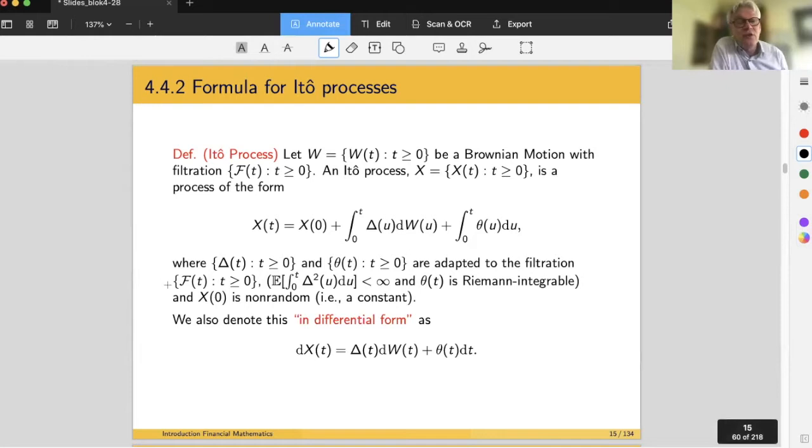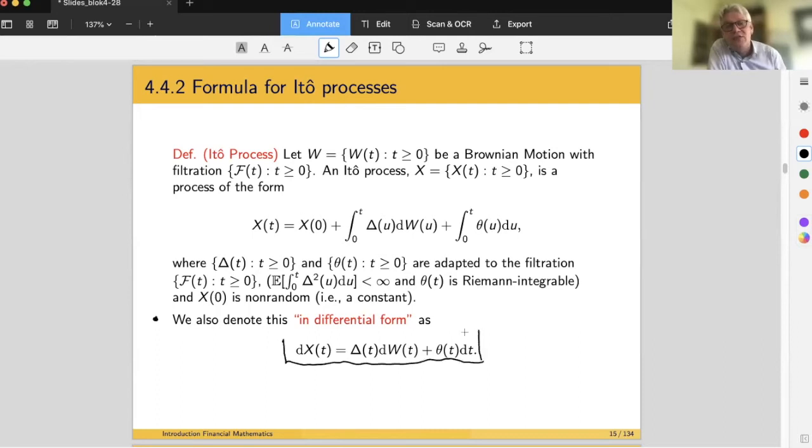And in differential form, it is more easily remembered and understood. If we take X0 to the left-hand side, we see dX appearing in differential form. And dX is then written as delta(t) dW(t) plus theta(t) dt. And this is a form that we will often encounter.